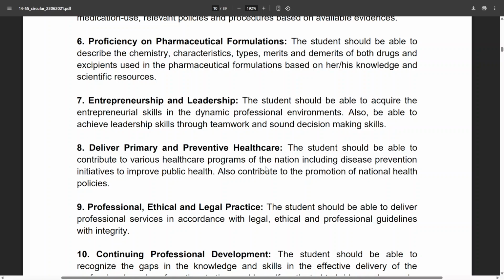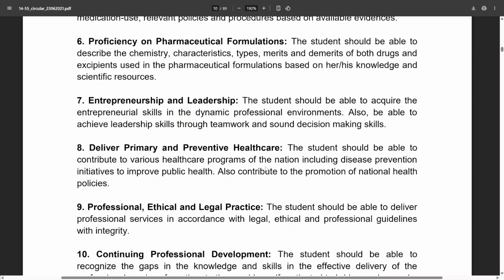So you must have team leading and teamwork skills, and you must be capable enough to take decisions because you have skills and knowledge. What will you do with that if you are not capable enough to take decisions? You must have decision making capabilities, right?